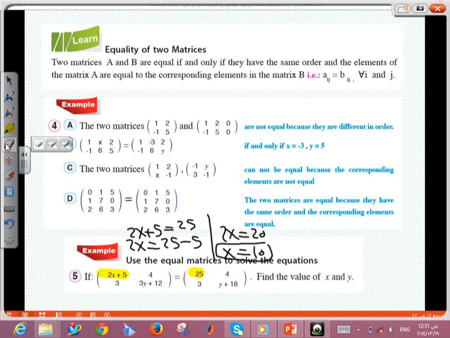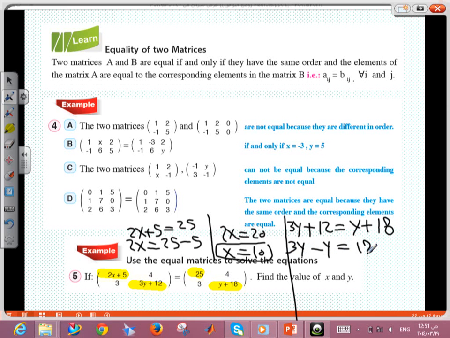Then we take another one: 3y plus 12 equals y plus 18. Solve this equation: 3y minus y equals 18 minus 12. 2y equals 6. y equals 3. Okay.